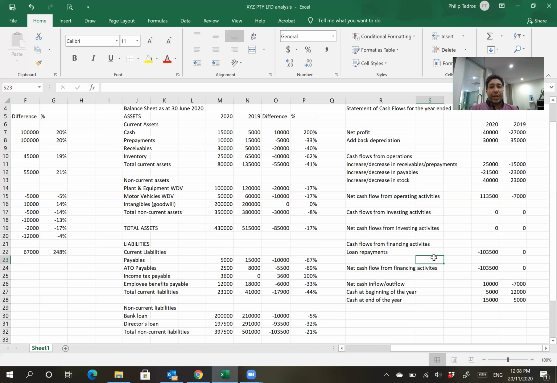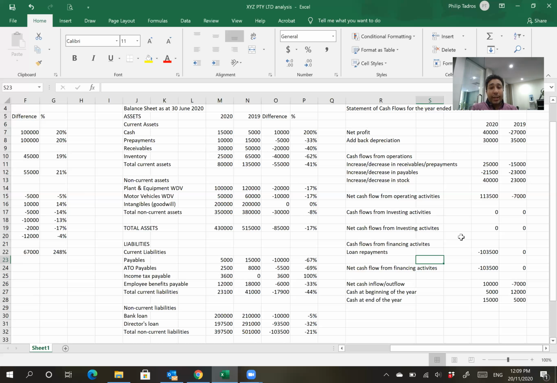Now, there's no set prescribed method in the accounting standards telling you that you must have interest classified in operating or financing activities. However, most companies tend to classify interest paid or interest received, regardless of whether you're paying the interest to the director or to the bank or shareholders or whatever the case is.